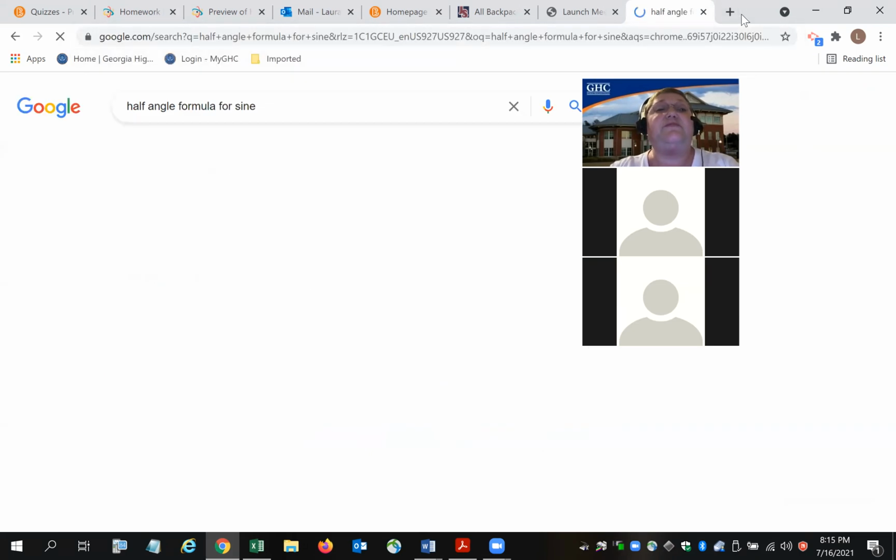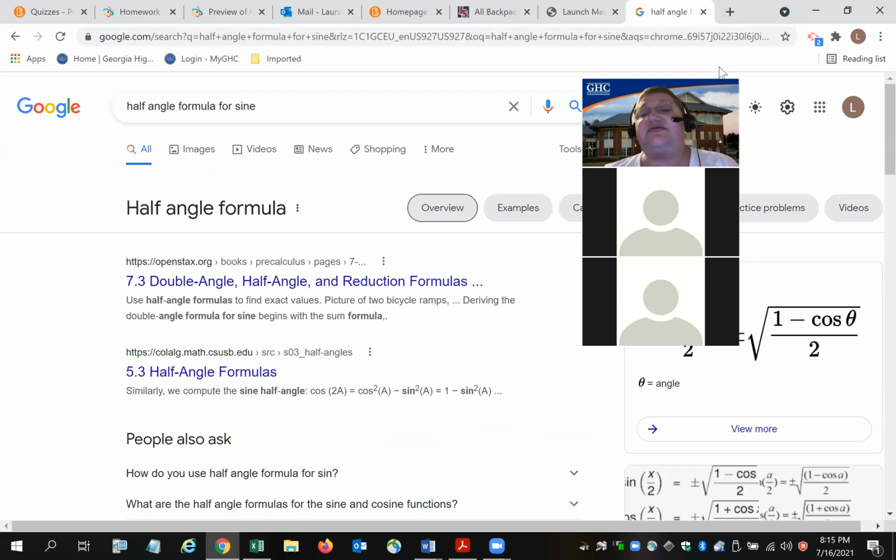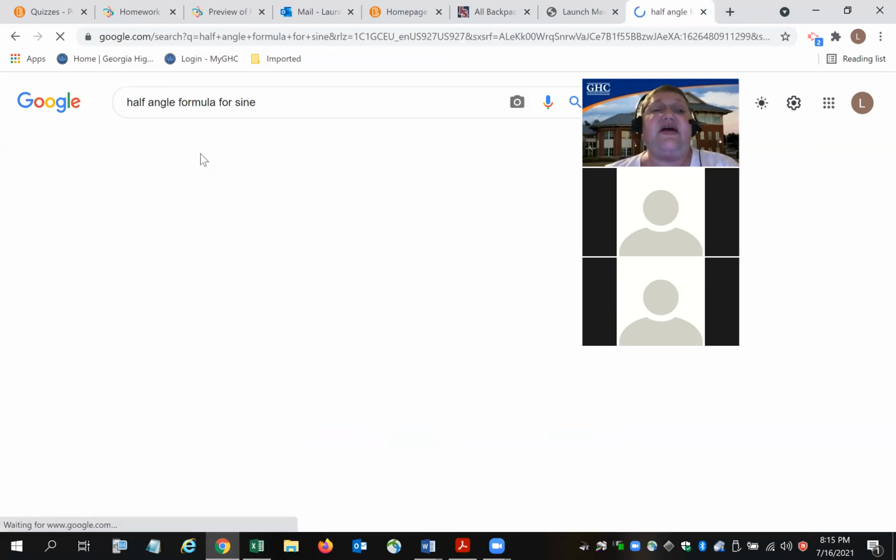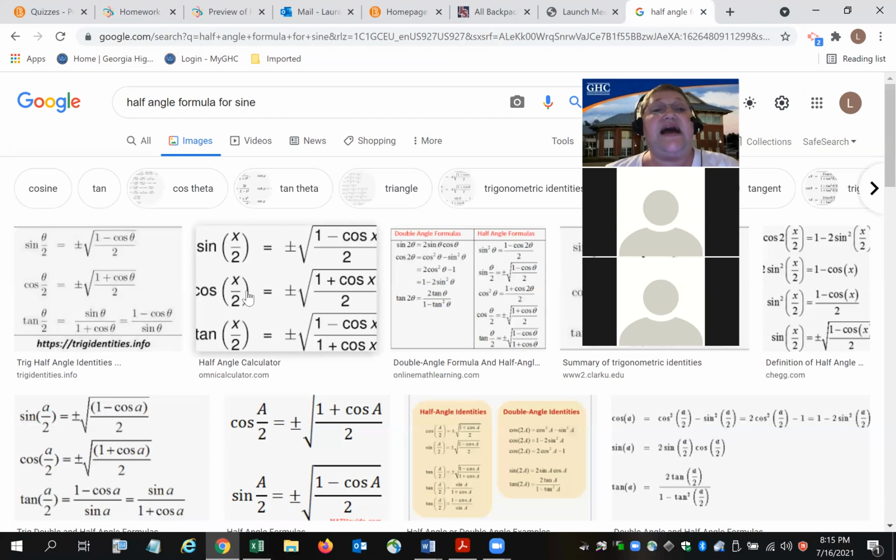I think it's test 4. Okay, so I just Googled it and told it I wanted the half angle formula for sine. My half angle formula for sine is plus or minus the square root of 1 minus cosine x, all divided by 2.